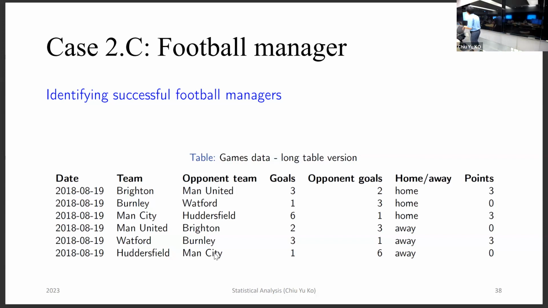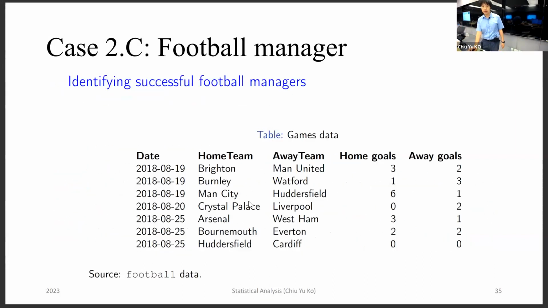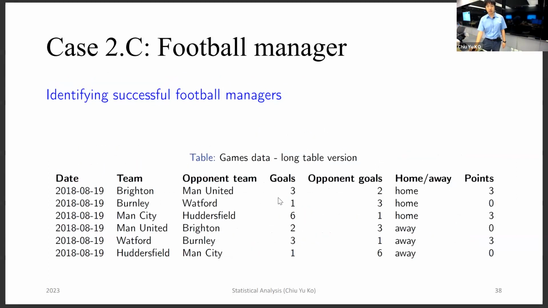You may ask, is this one better or the other one better? It's up to you. I think the one that has fewer rows is better. But sometimes you might have to construct data in this way, because when you focus on the team, maybe you do it team by team, you can focus on one column and things will be easier.